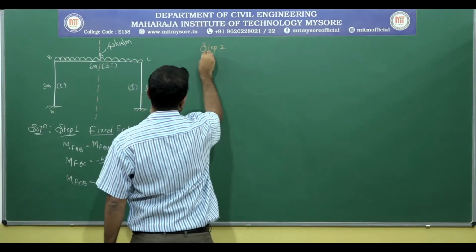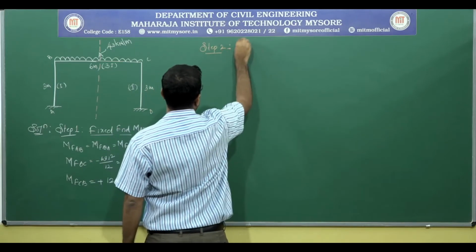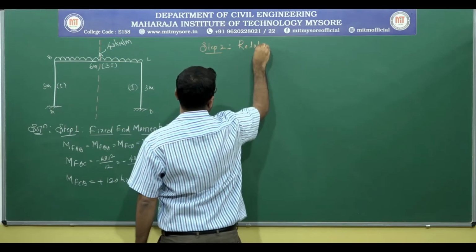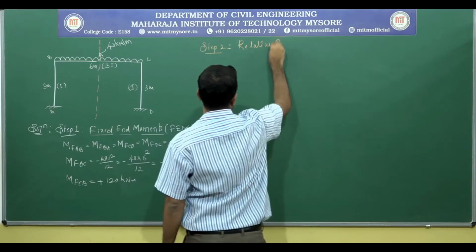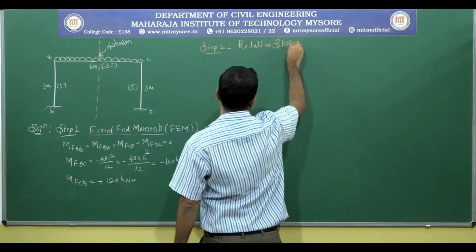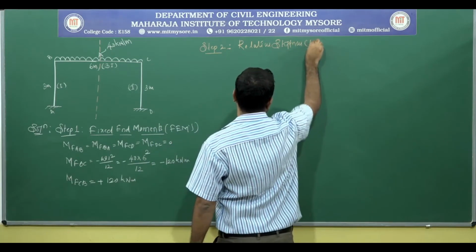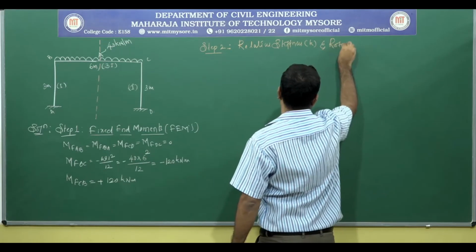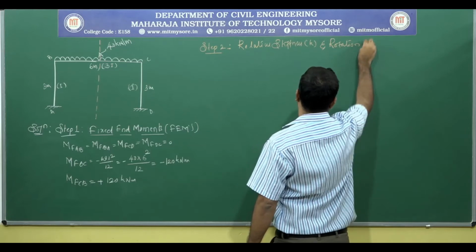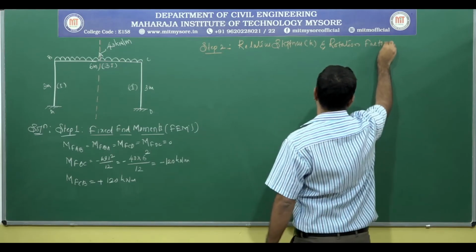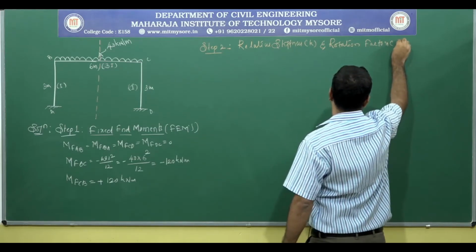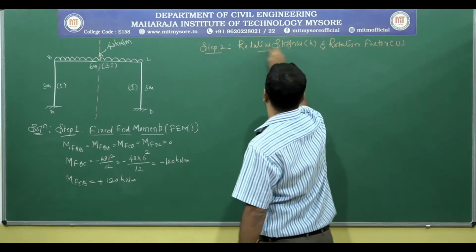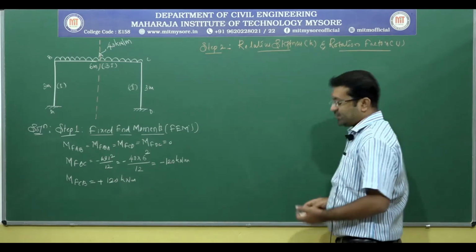So here step number 2 is the relative stiffness, that is the value of K, and we need to calculate the rotation factors, that is the value of U, right.